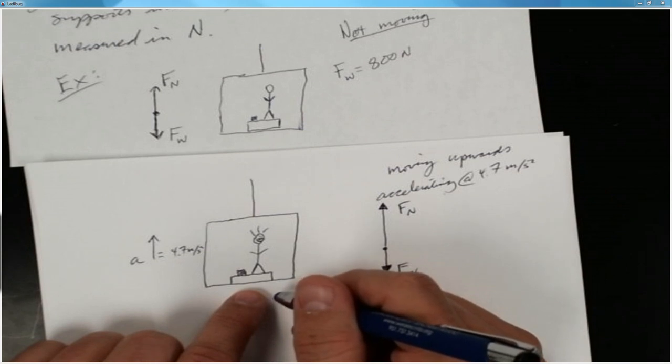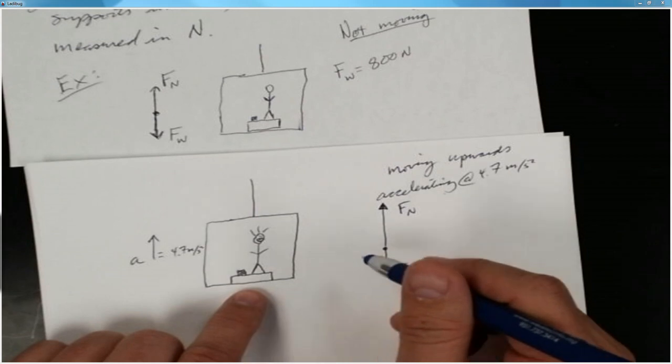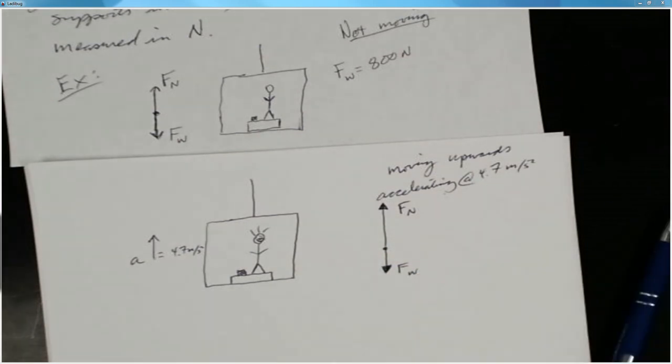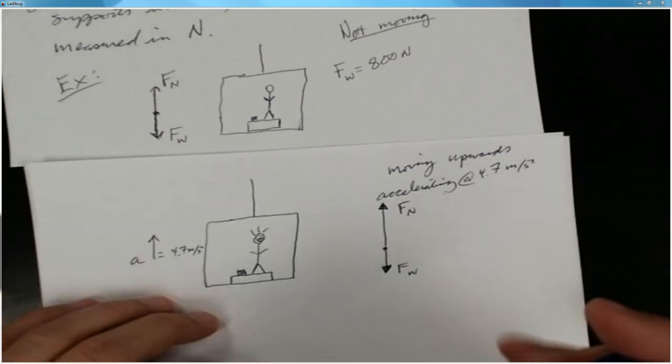But I don't care about it right now, because the only thing I care about right now is the forces on the man. So the man is going to have unbalanced forces on him. That's why he's going to be accelerating upwards when he's in the elevator car. But it doesn't violate Newton's third law, which can be quite tricky.